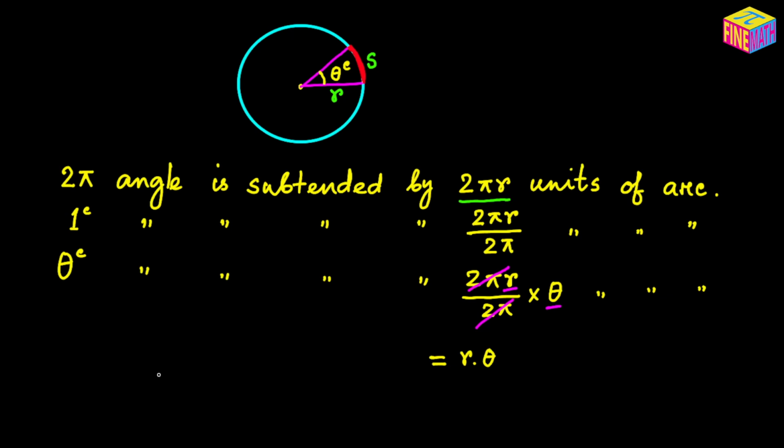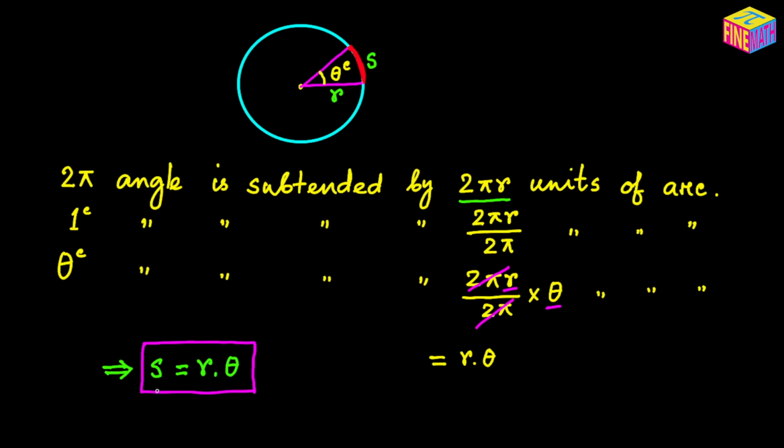So from here we found that the length of the arc that subtends a theta radian angle at the center of a circle, the arc length is actually r times theta, where theta is in radian units. That is one thing we have to remember. It is very important. Theta is not in degree. Here theta is in radians. So we have to remember that fact, right?